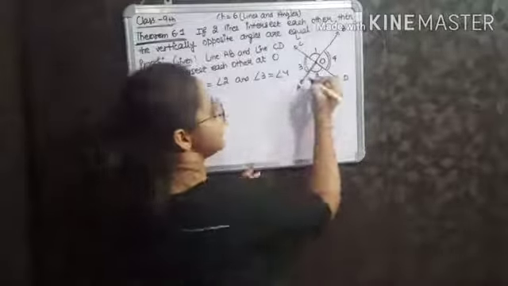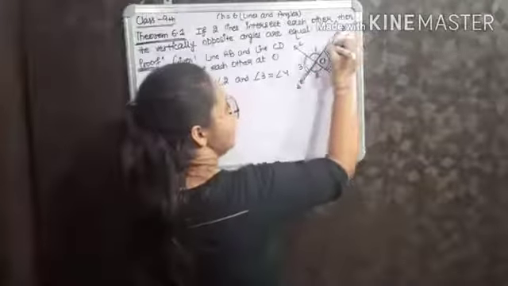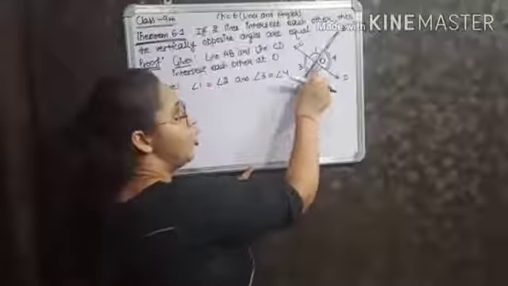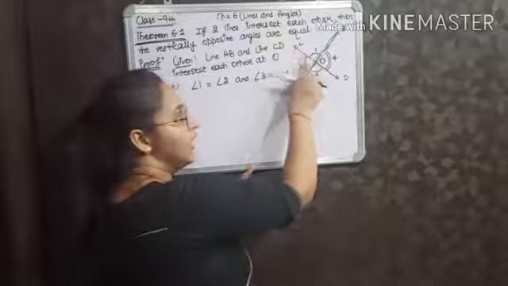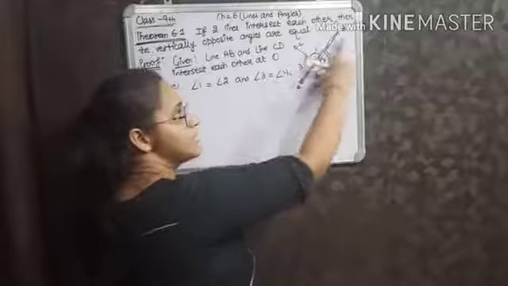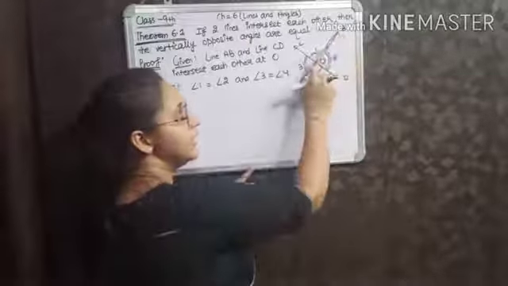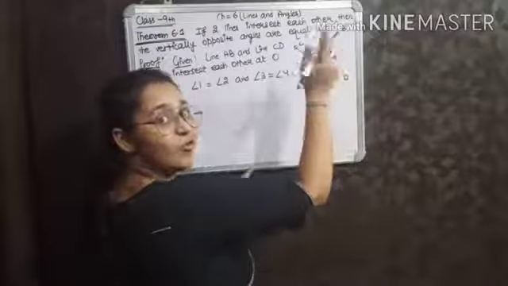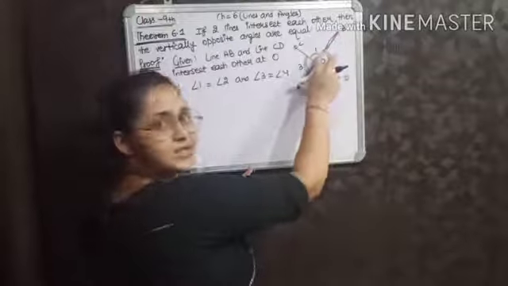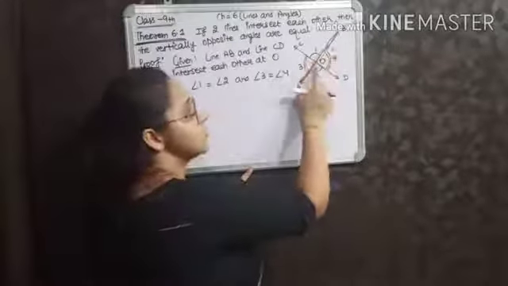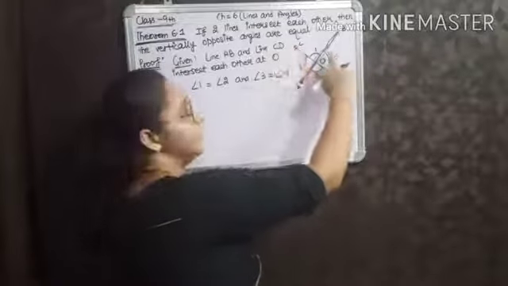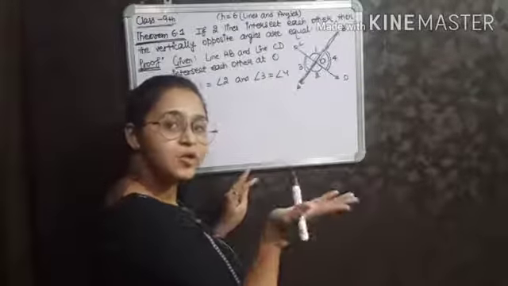So first of all, see that AB is a line, OC is a ray standing on the line, then the sum of these two adjacent angles is 180 degree. Are these two adjacent angles? Yes, because they have a common vertex, they have a common arm, and their non-common arms are in opposite directions.